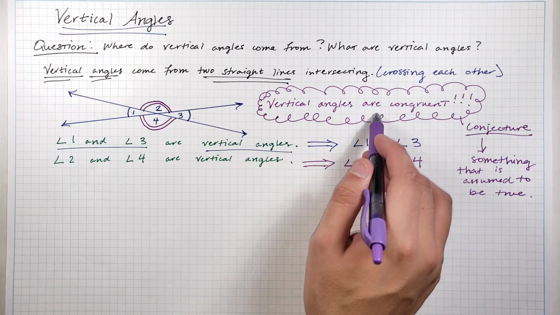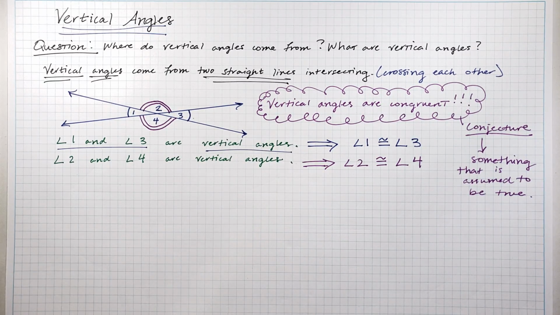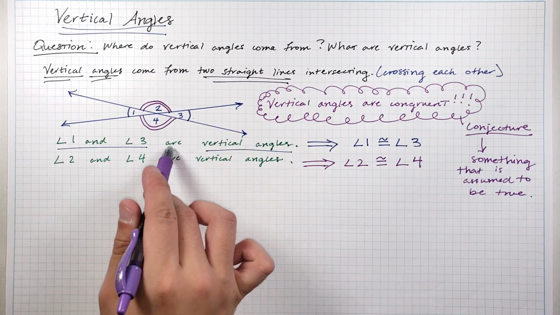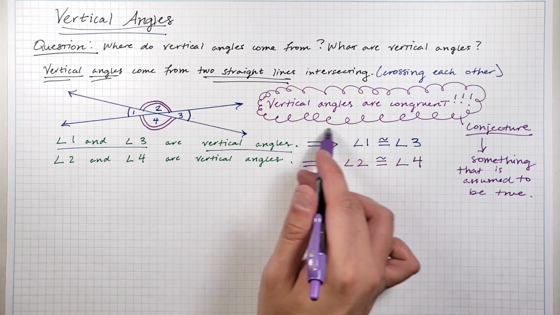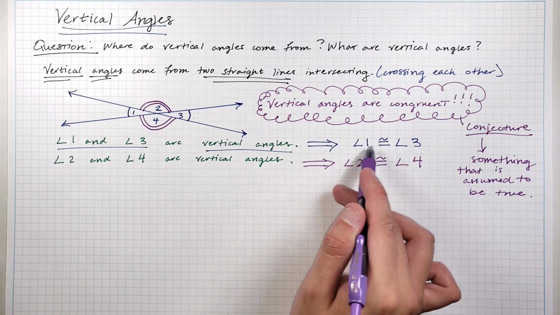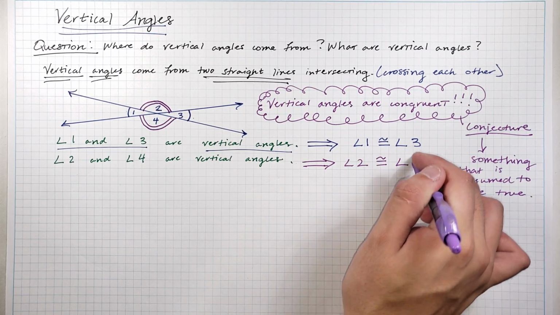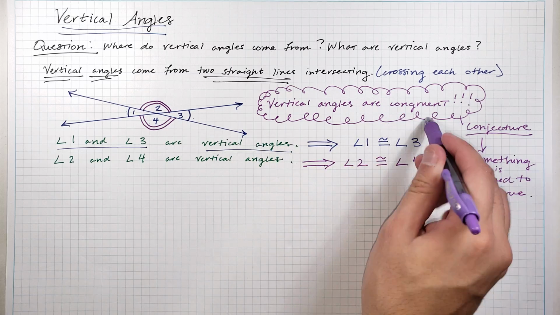That's very important. Since angle 1 and angle 3 are vertical angles, that implies angle 1 is congruent to angle 3 because vertical angles are congruent.